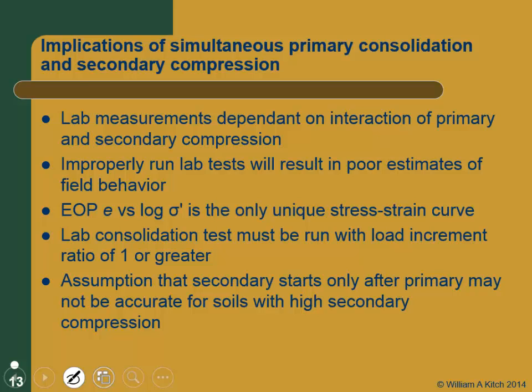A better way to say it is that it's only accurate for soils where primary dominates the total settlement. Because when primary dominates, it's okay to assume there's very little secondary compression during primary, and then during secondary you can calculate it.